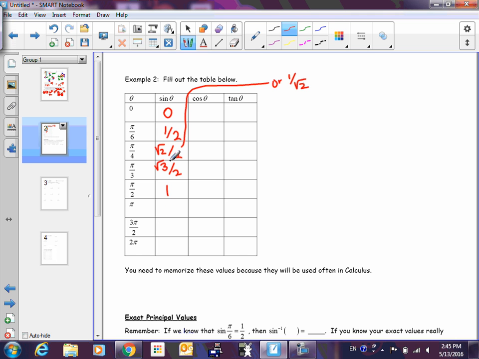meaningful to you here. Now, then it's just the quadrantals here. We get 0, we get -1, and we get 0. Okay, now I'm going to go ahead and do cosine in a different color. Cosine is 0. Anybody? 1? All right, and see how this one is going to go in the opposite order. It's going to go root 3 over 2, root 2 over 2. Again, totally fine if you want to call that 1 over root 2.